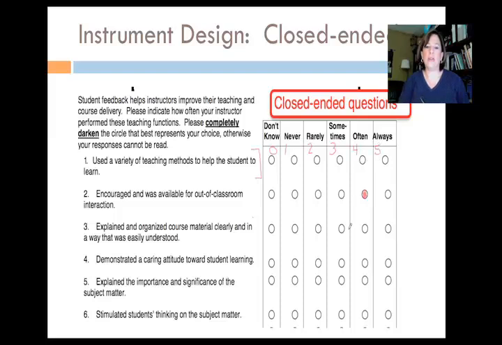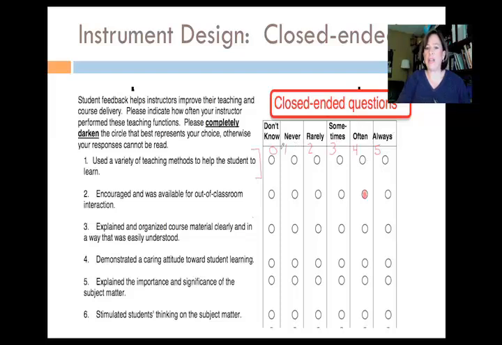What I like to do for intuitive reasons is, for any type of scale like this that might indicate more or less of something, I make sure that I code the thing that's more with the higher number, like always is number 5, as opposed to always being coded a 1.